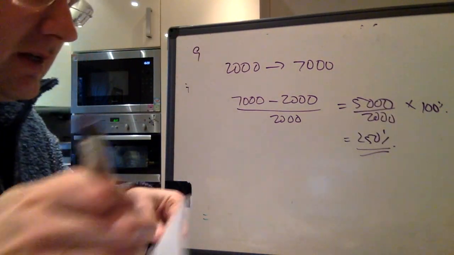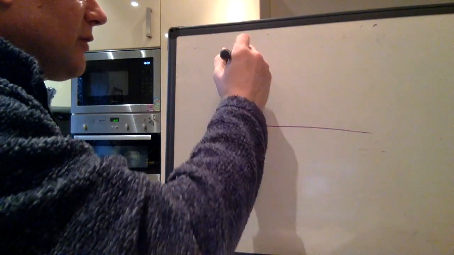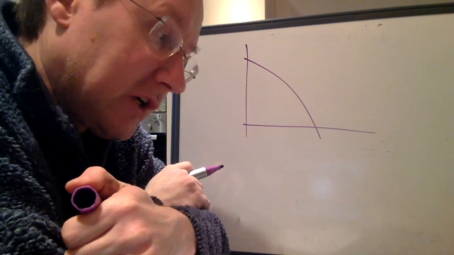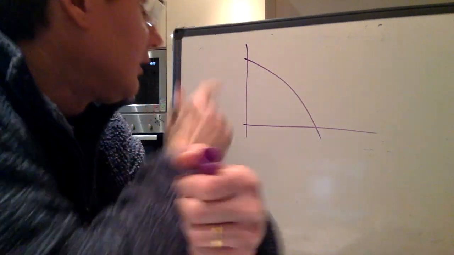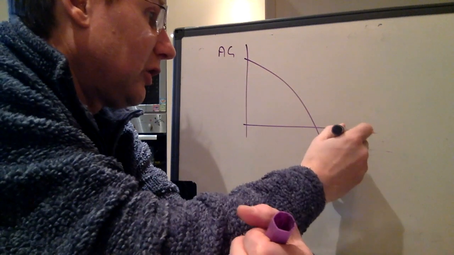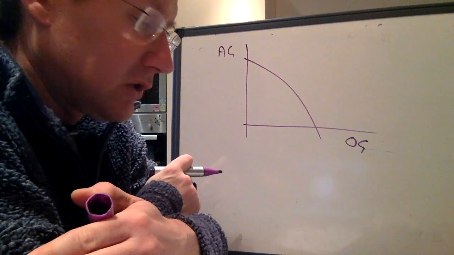Question 10 is a PPF question. Most people tend to get this one right. You're given a PPF, and then you're given some information, and you're told that the Indonesian government has successfully targeted poorly educated farmers. This axis is agriculture, and this is other goods. So firstly, we know that we're training farmers, so agriculture is going to go up.